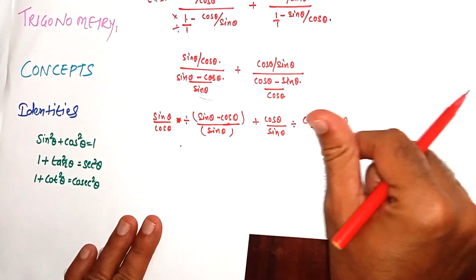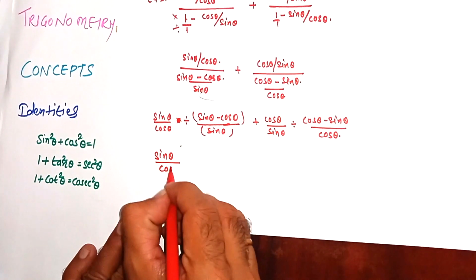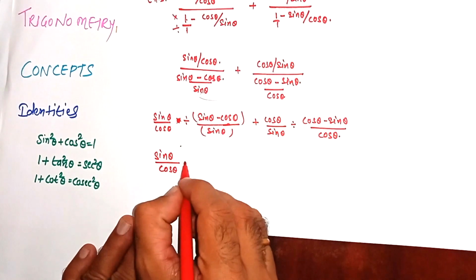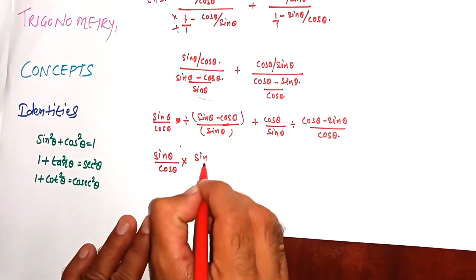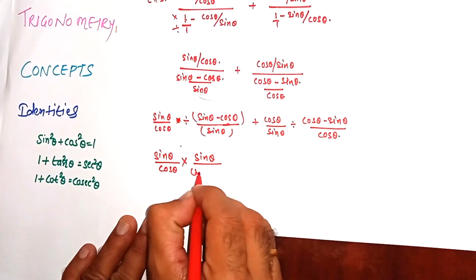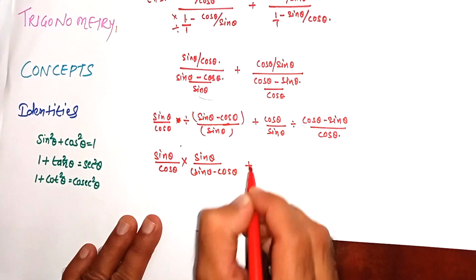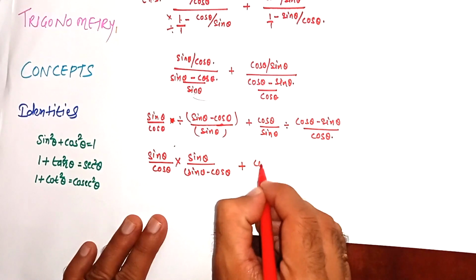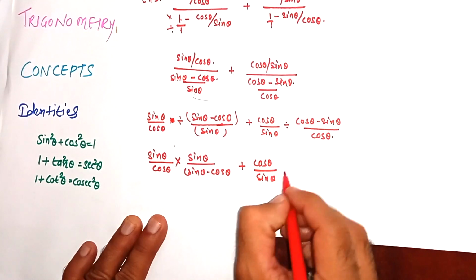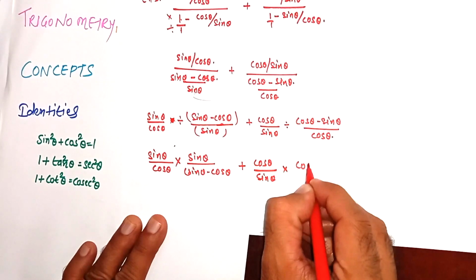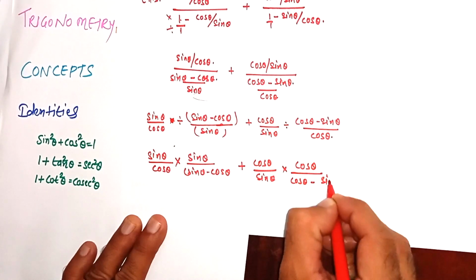We'll reciprocate this latter term. See how we are doing this. This is sin theta over cos theta, and to turn this divide sign into a multiplication sign, we'll write a multiplication sign and we'll reciprocate this. This will become sin theta over sin theta minus cos theta. Then again this addition sign, cos theta over sin theta, and this divide sign turns into multiplication, which will become cos theta over cos theta minus sin theta.